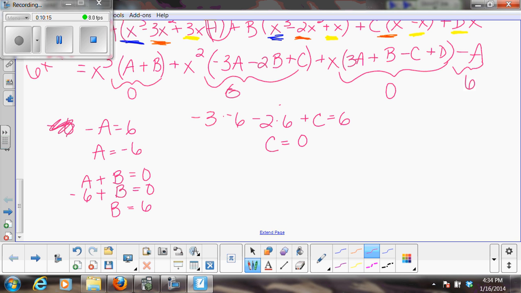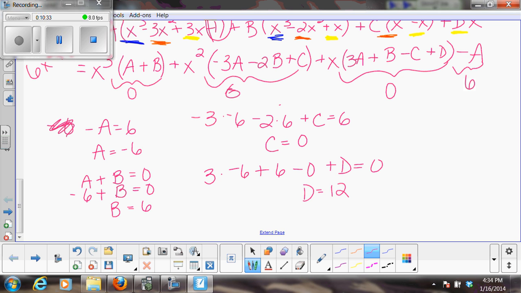And the last part, 3 times negative 6 for the a, plus 6 for the b, minus 0 for the c, plus d equals 0, and d is 12.